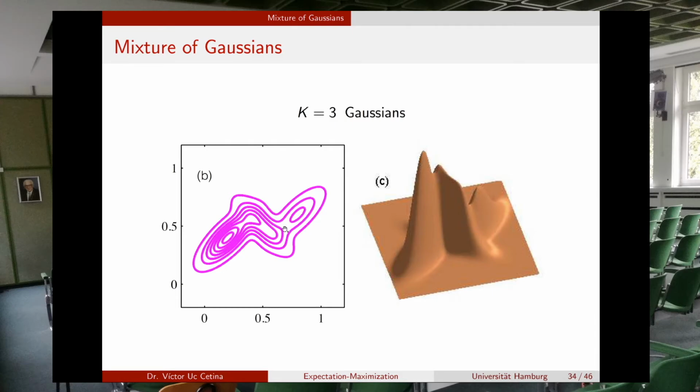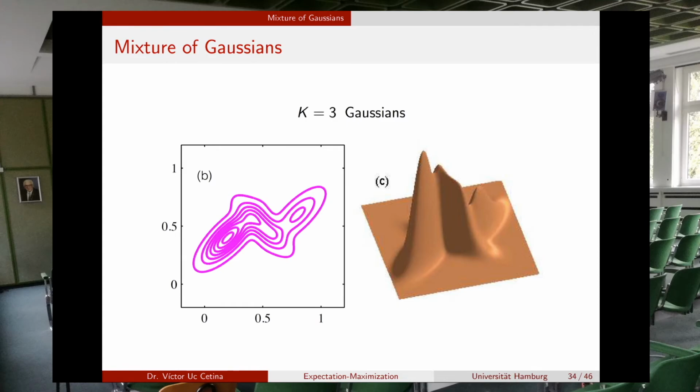If you remember, in k-means the assignment of one point to a group depends only on the distance to the centroid, which is the mean vector. In this case, we are not considering only the distance, but we are using a probability model.